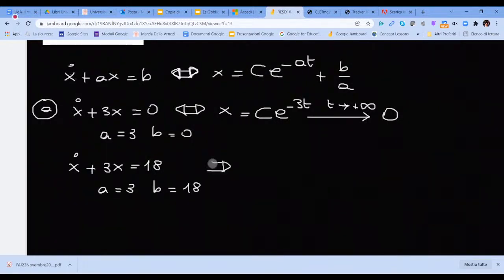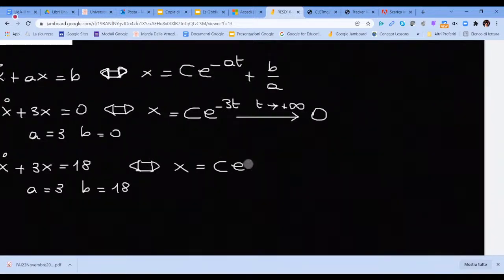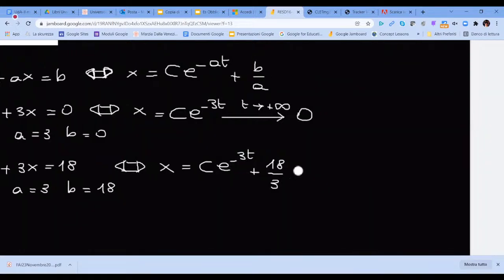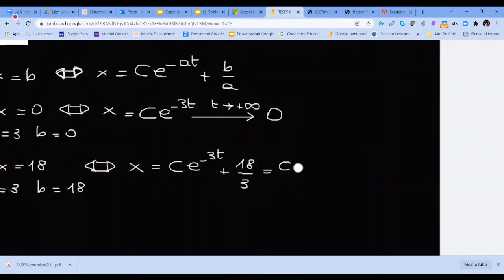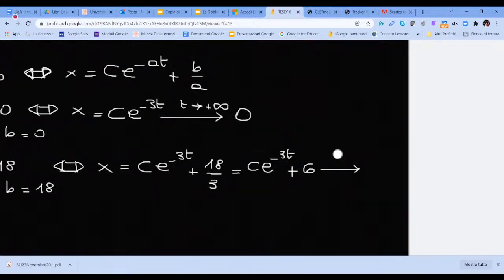So the solution is x equals c multiplied by e to the power minus 3t plus b divided by a, that is 18 divided by 3, that is 6. So it is c e to the minus 3t plus 6. The steady state is approaching 6, because the first term is going to 0 for t approaching plus infinity, so the limit is 6.